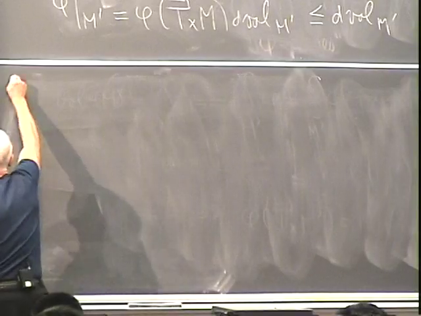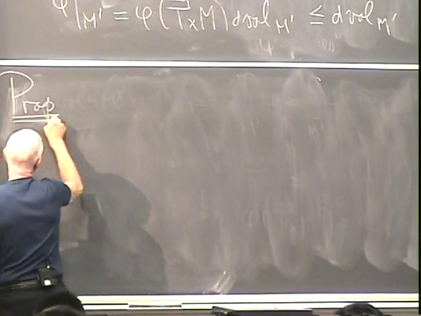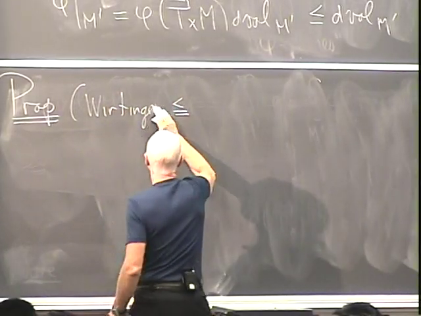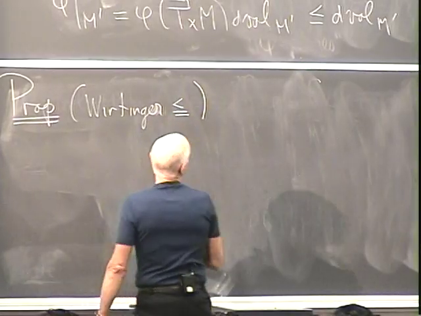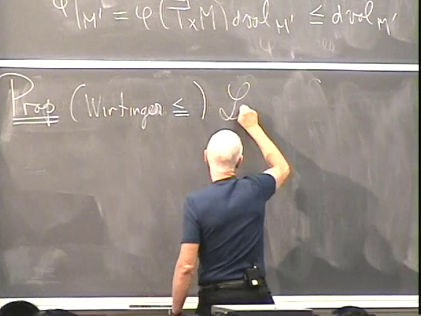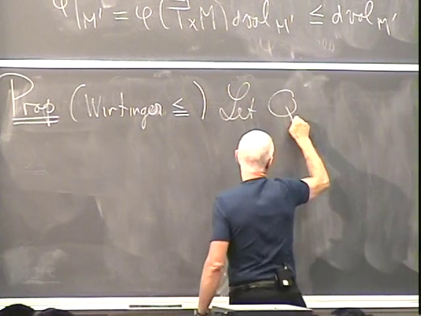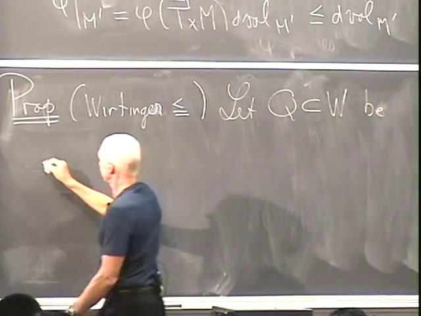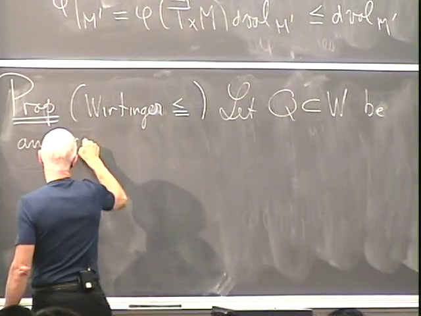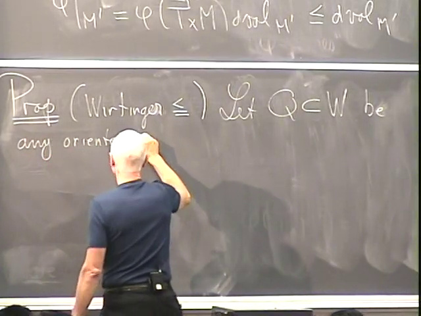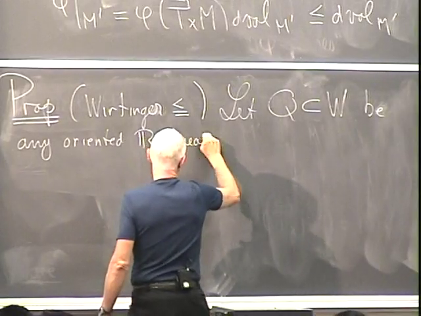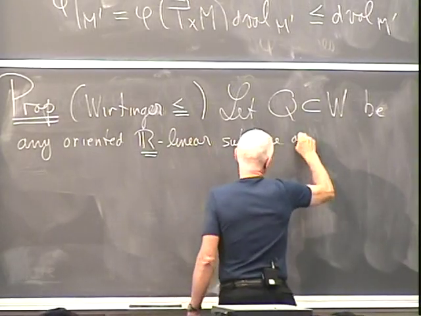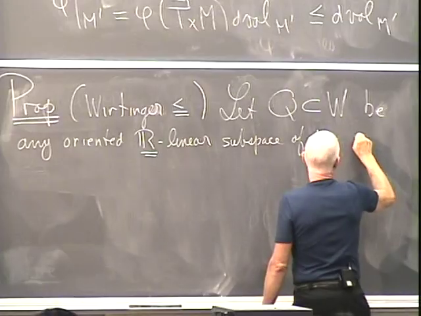This is the Wirtinger inequality that Robert referred to. The statement is: let Q in W be any oriented real linear subspace, and I emphasize this is a real linear subspace, of dimension 2p.